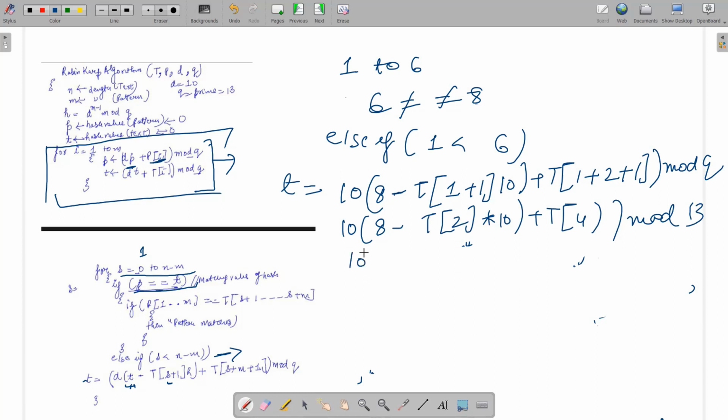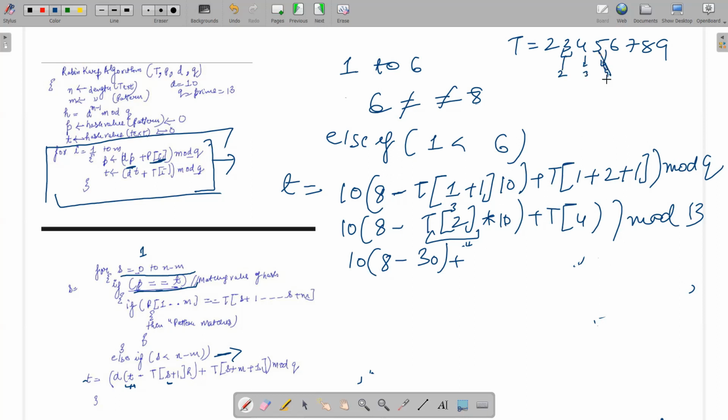If I calculate, it is T of 2. T is 2, 3, 4, 5, 6, 7, 8, 9. So T of 2 actually is 3. This is 30, I'm writing, because this is 3, multiplied by 10. This is this thing plus T of 4. This is T of 2, this is T of 3 and this is T of 4.